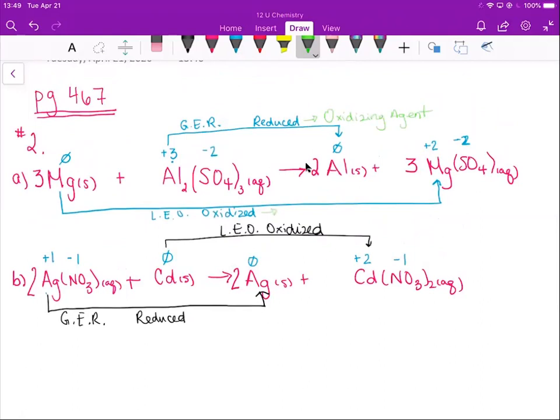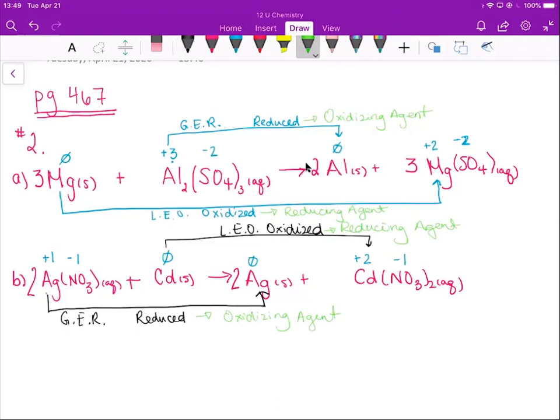And so magnesium is oxidized, and so it is the reducing agent because it causes the reduction of aluminum. So this one, oxidized, this is reducing agent. This is reduced, so this is oxidizing agent. Oxidizing, if only I could spell. And voila. Okay, what else did I give you guys?